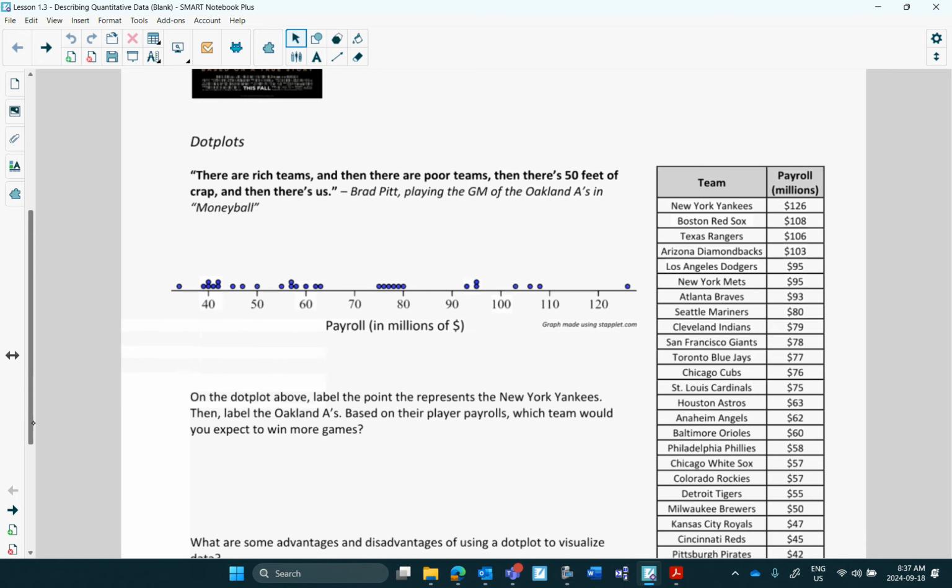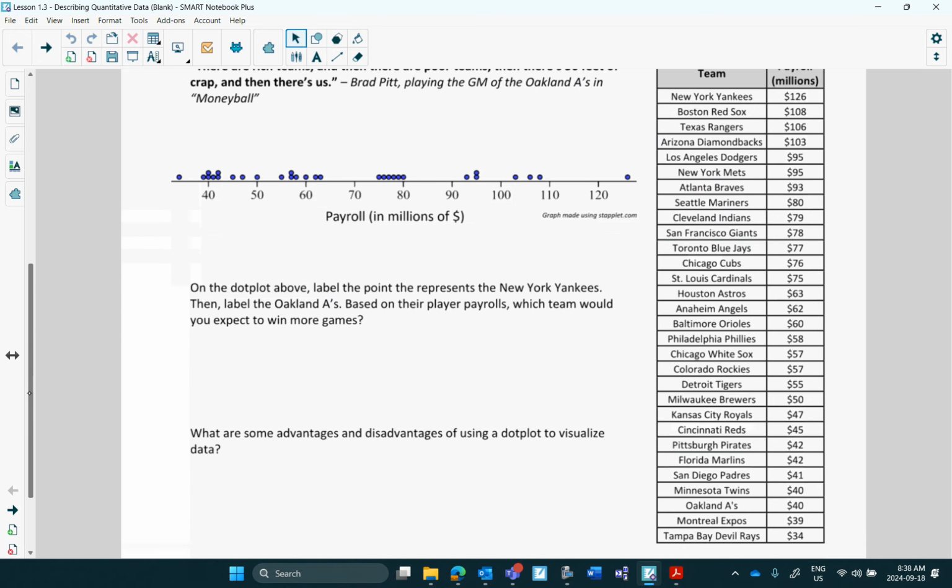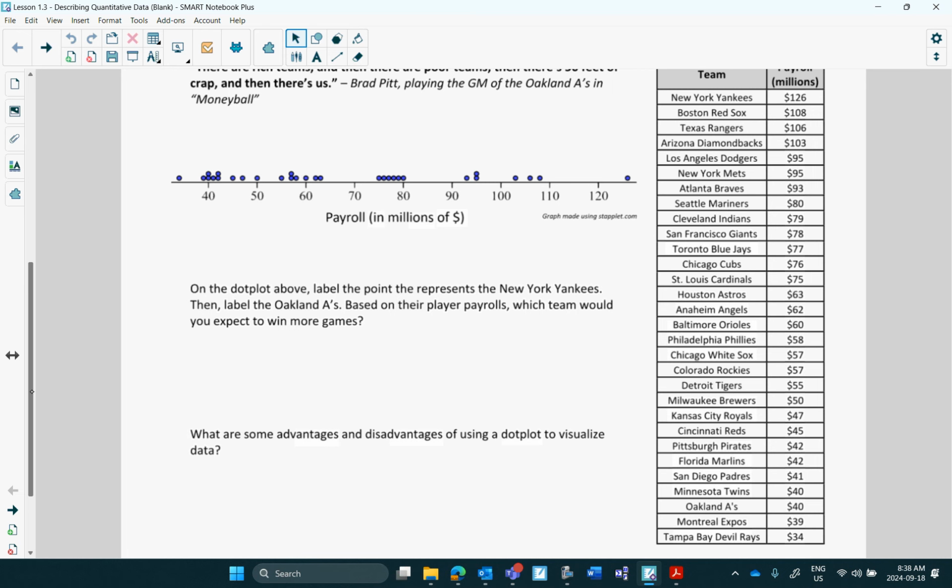Yet, if you look at the payroll of all the teams, you can see that the Yankees are paying their players $126 million, and the Oakland A's are all the way down here, 40 million. Yet they won the same number of games. Now neither won the World Series, but still, it was a pretty good story. So they made a movie into it.